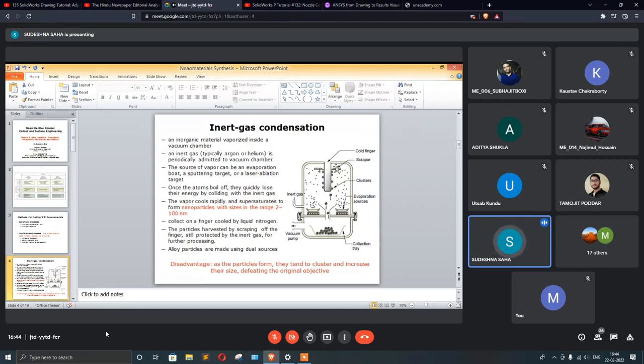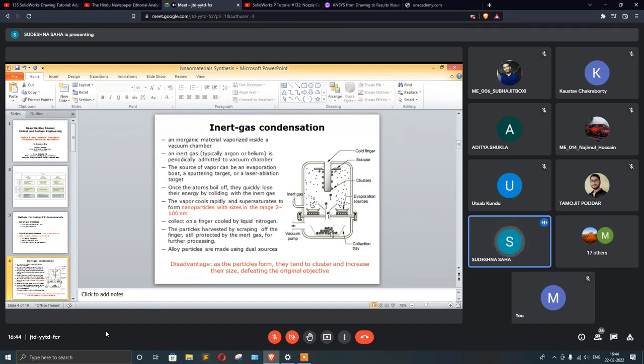With the help of a scraper you can take out these clusters and collect them at a collection tray at the bottom of the vacuum chamber. And here also you maintain an inert atmosphere.